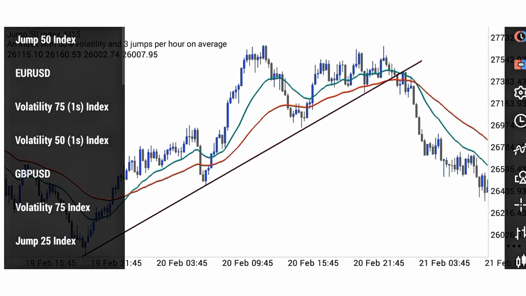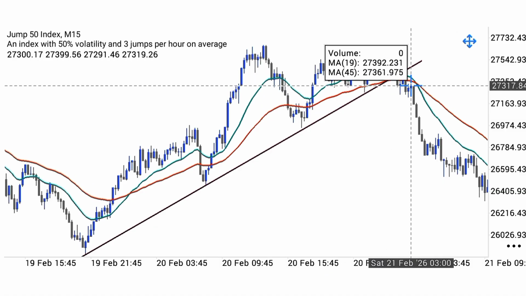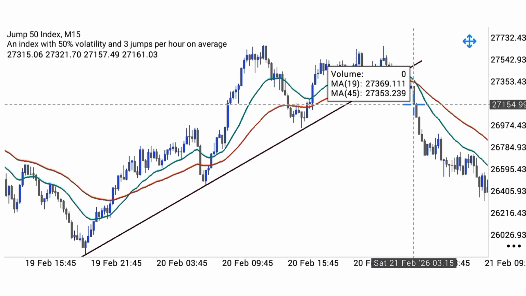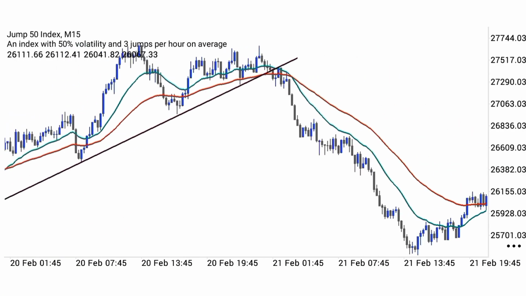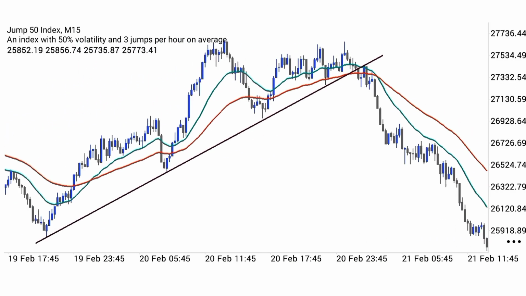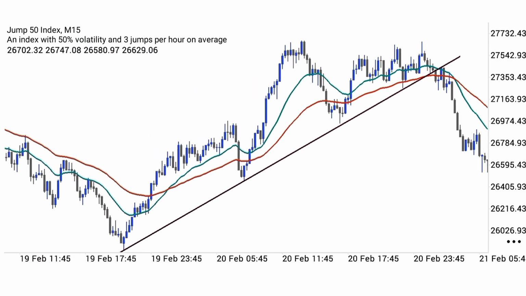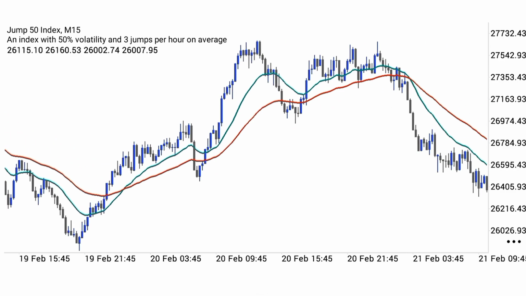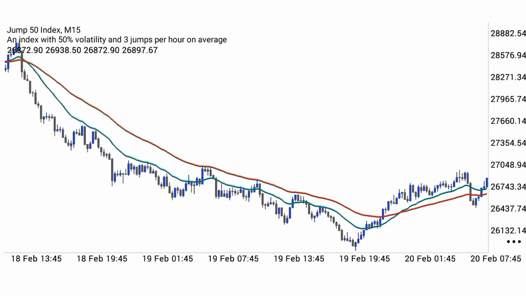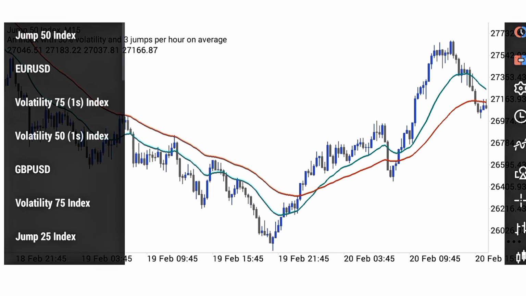But after this crossover, the market started going down. And look at how it went down with a lot of volatility. Now, let me delete this. So the same thing also happened here too.